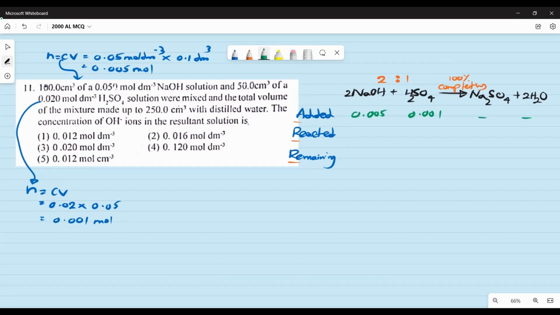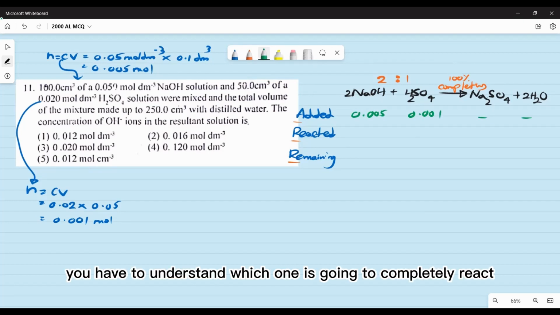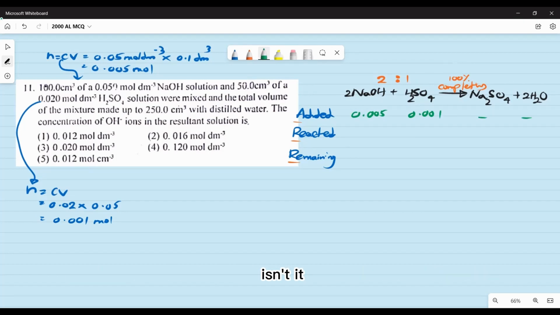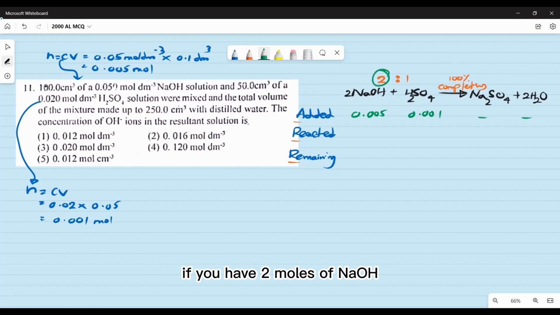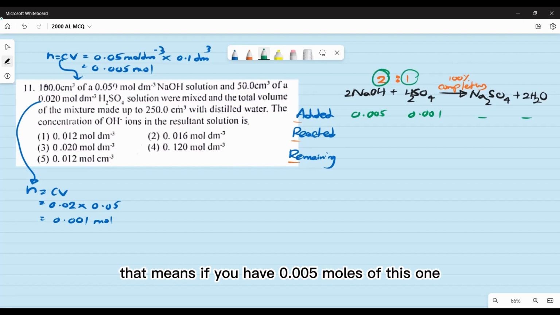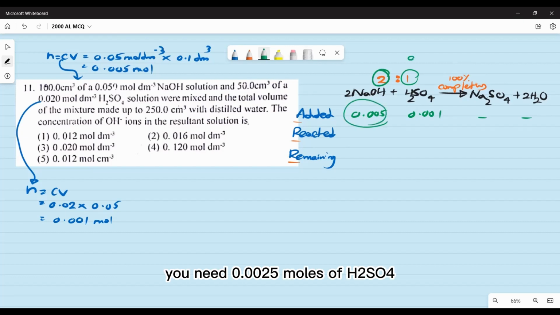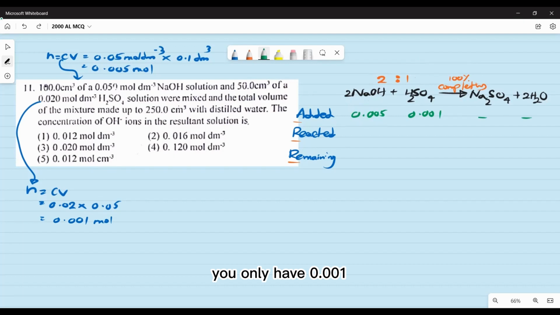Then reacted. Lamai, you have to understand which one is going to completely react, isn't it? For understanding that, you can think like this. If you have 2 moles of NaOH, you need 1 mole of H2SO4, right? That means if you have 0.005 moles of this one, you need 0.0025 moles of H2SO4. But we don't have that much. We only have 0.001.